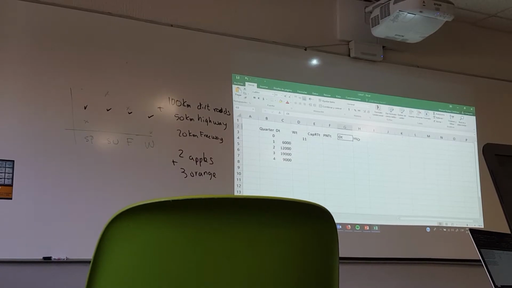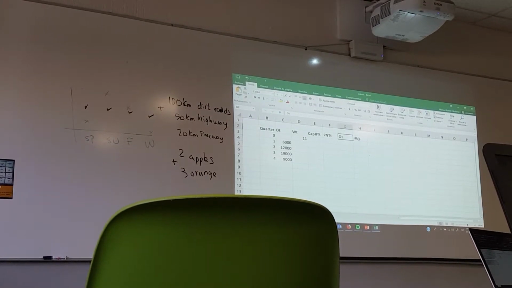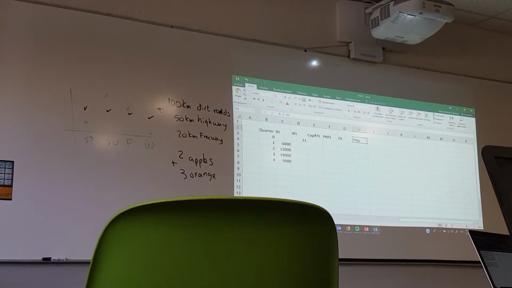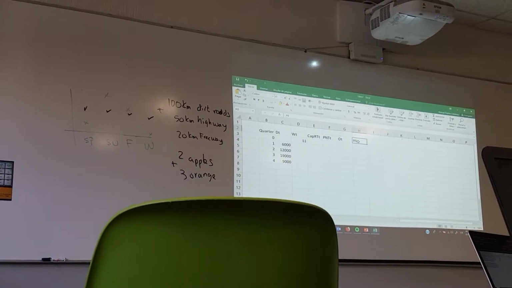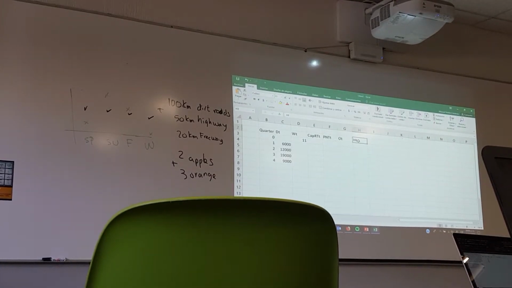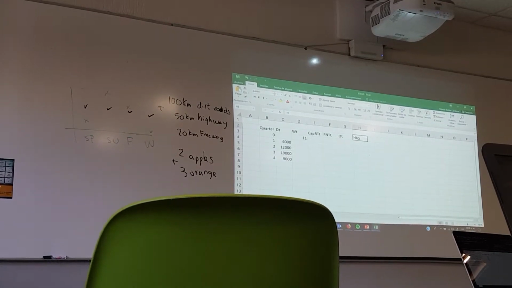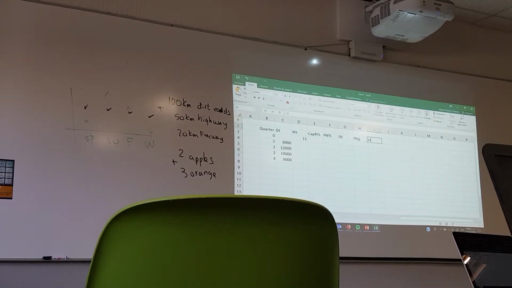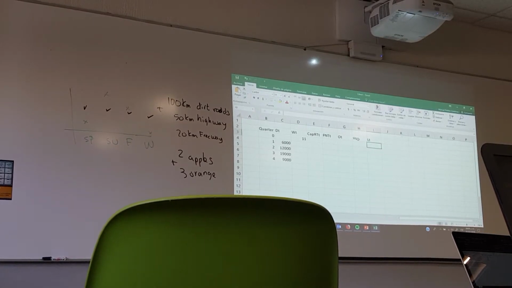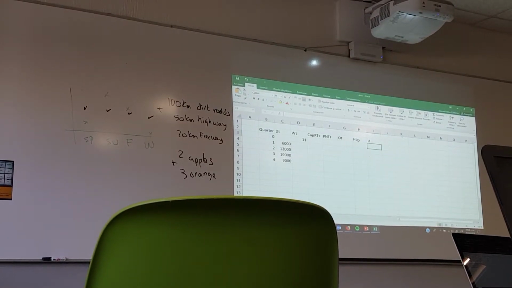This variable, OT, is the number of hours that are going to be worked in overtime in period T. And this, which is very important, you may want to write this down, HT is the number of workers to be hired at the beginning of period T. At the beginning. And LT is the number of workers to be laid off at the beginning of period T.